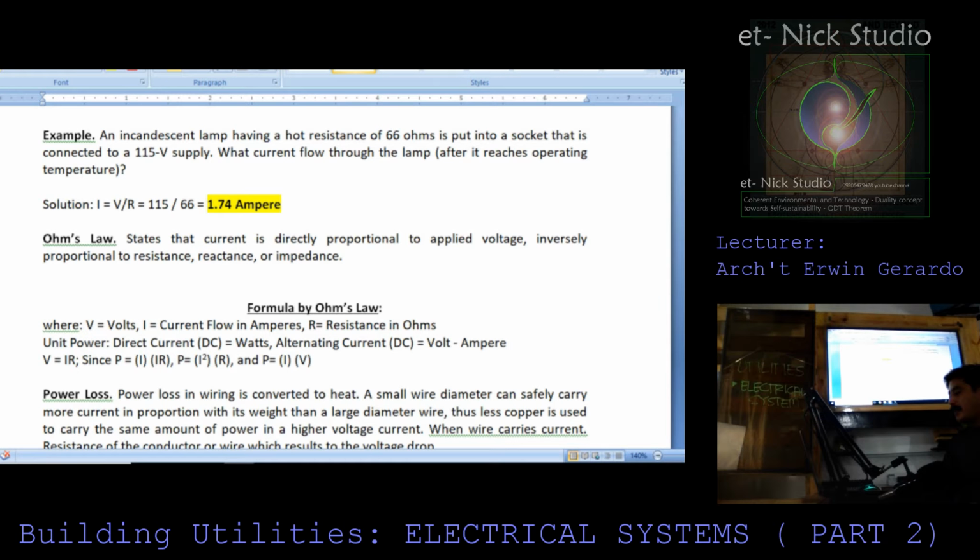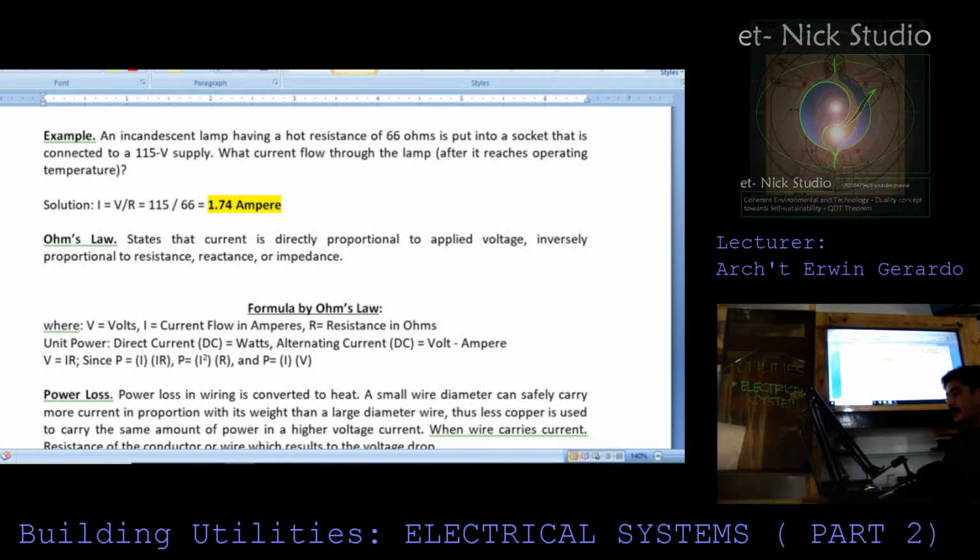Ohm's law states that current is directly proportional to applied voltage, and inversely proportional to resistance, reactance, or impedance. Formula by Ohm's law, where V equals volts, I equals current flow in amperes, and R is equivalent to resistance in ohms.